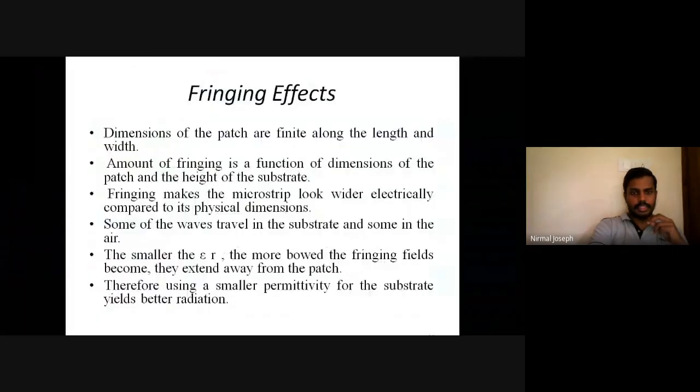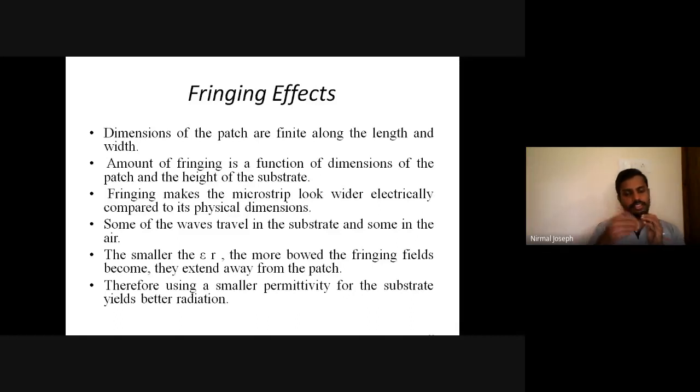The amount of fringing is a function of the dimensions of the patch and the height of the substrate. Fringing means it is a sort of expansion. Actually it is not expanding, but we will feel like it is expanded. Fringing makes the microstrip look wider electrically than its physical dimensions.